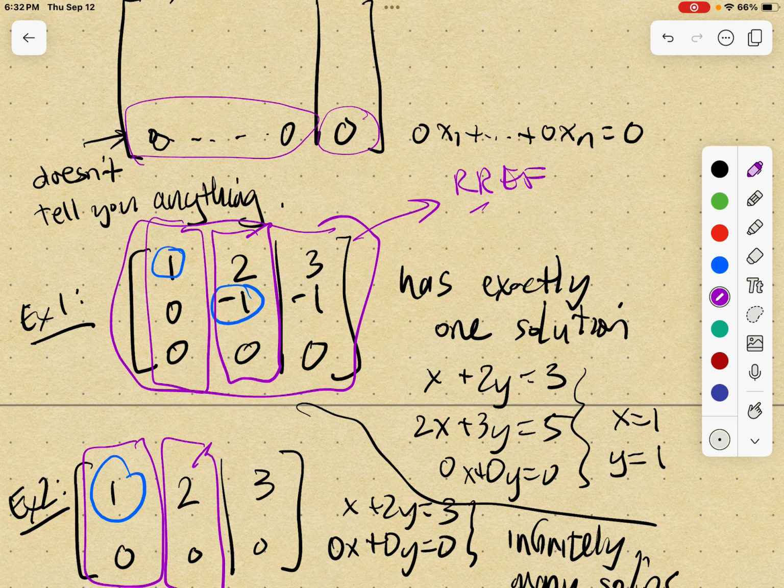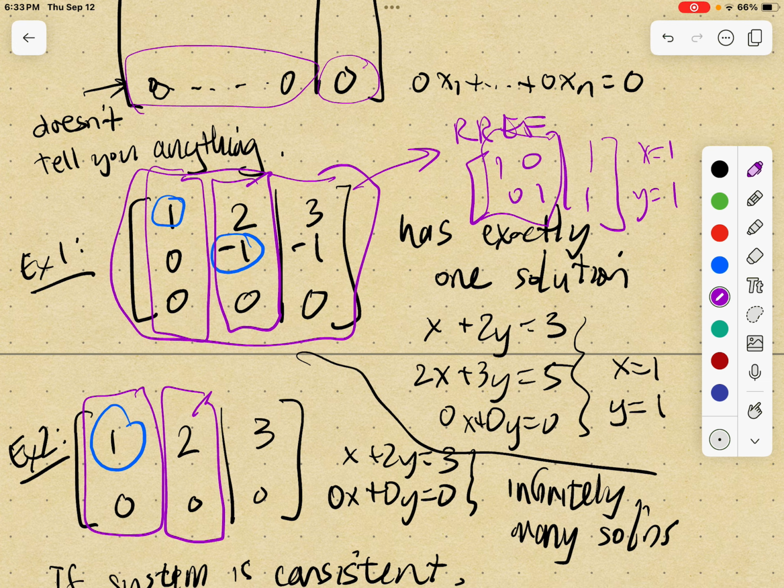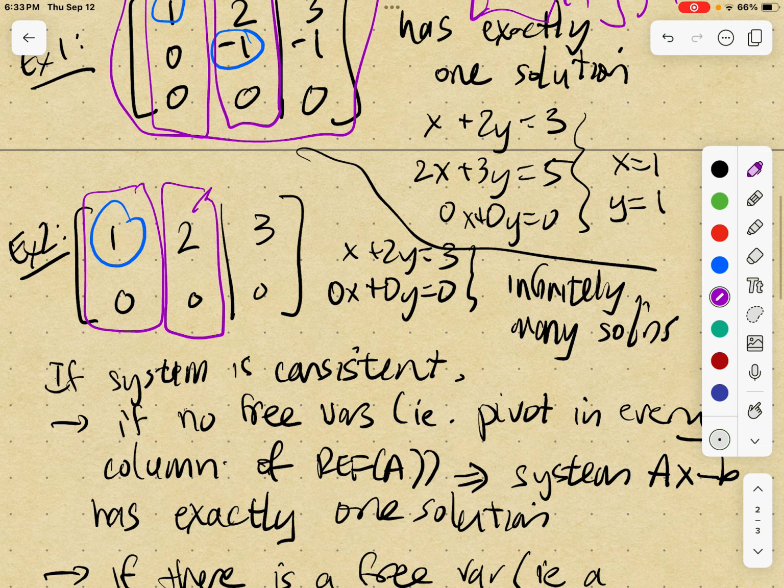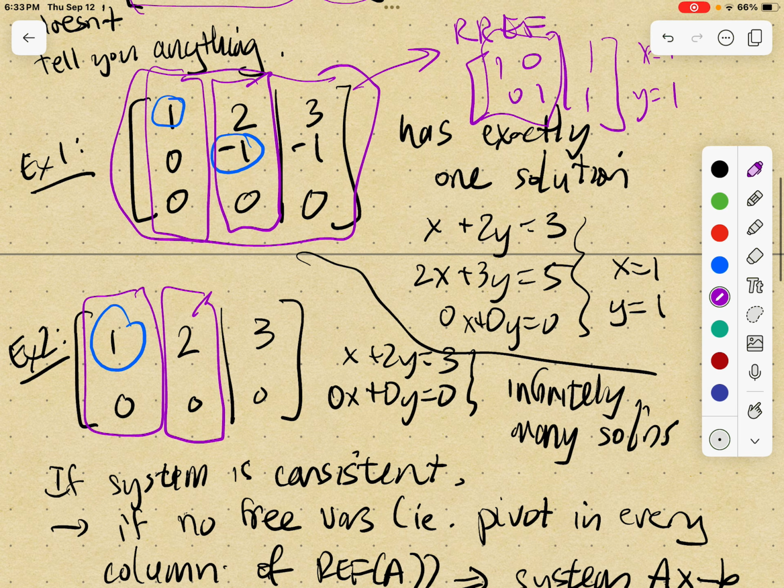You can convert to reduced row echelon form, and you're going to get this. And then this tells you that x is 1, the second equation tells you that y is 1. And you're able to get the identity matrix in the reduced row echelon form because you have a pivot in every column of A, the non-augmented matrix.